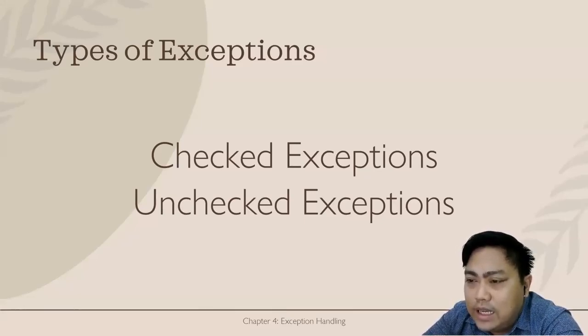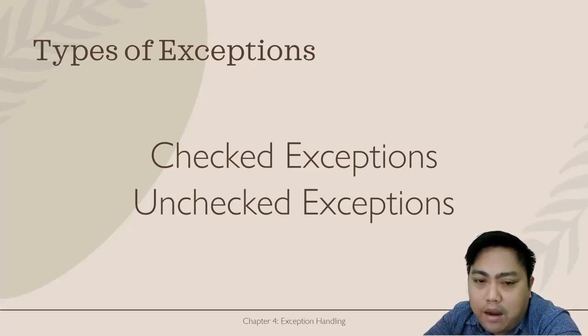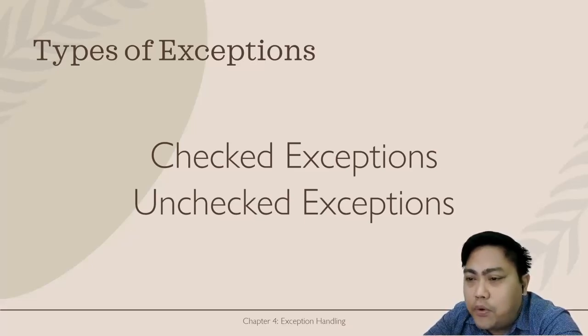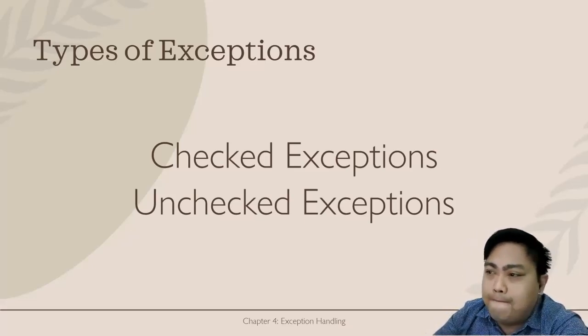On the other hand, unchecked exceptions are those that are not required to be handled explicitly by the programmer. They can be thrown by the program at any time and are usually a result of the programming errors, such as null pointer reference, or array index out of bounds.